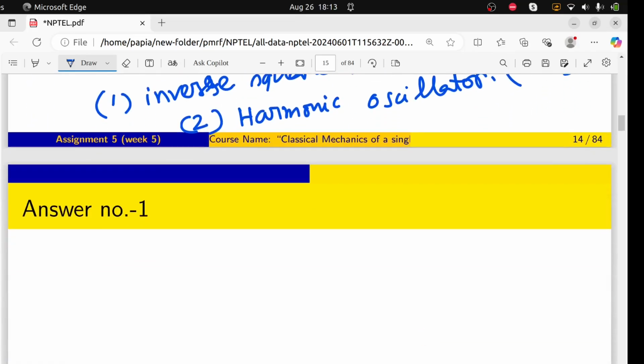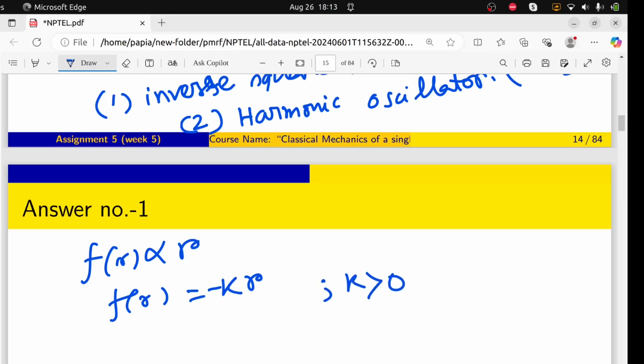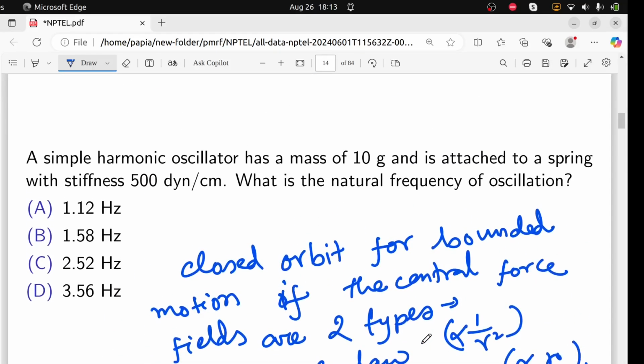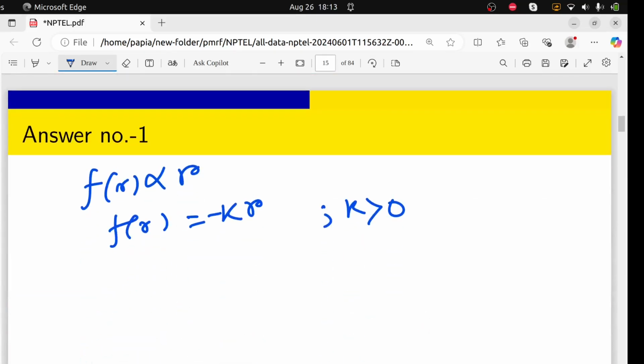Now in this question number 5, sir was discussing that if I have a harmonic oscillator, then f of r is proportional to r. So let's say f of r is like minus kr, where k is positive. Now a simple harmonic oscillator has a mass m of 10 gram. Let me write here m x double dot equals minus kr. Like if I am talking about x, then m x double dot plus kx equals 0.